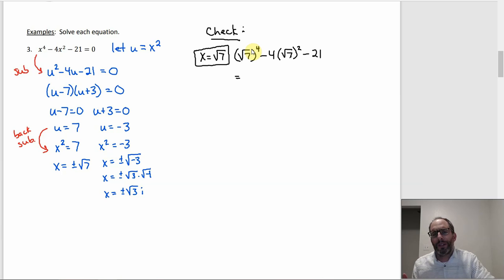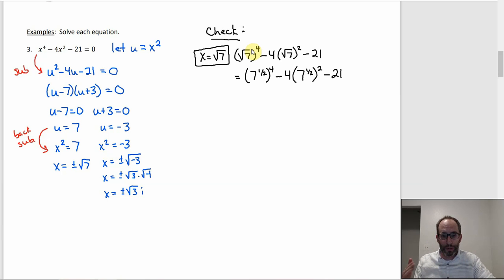So I'm going to do that just in case that makes this look a little more explicit. So every radical 7, I'm just going to write as 7 to the 1/2. But then we have that rule about when you raise a power to a power, you can multiply them together. So this 7 to the 1/2, which is then raised to the 4th, that's 7 squared, right?